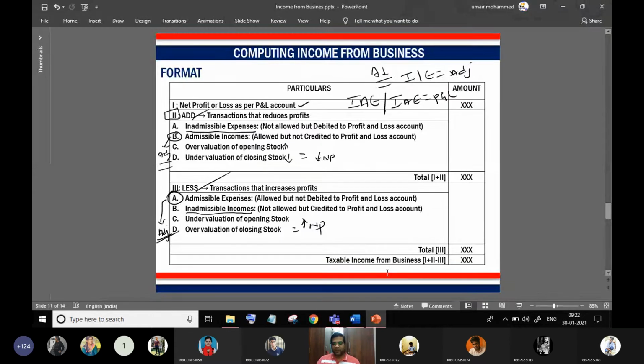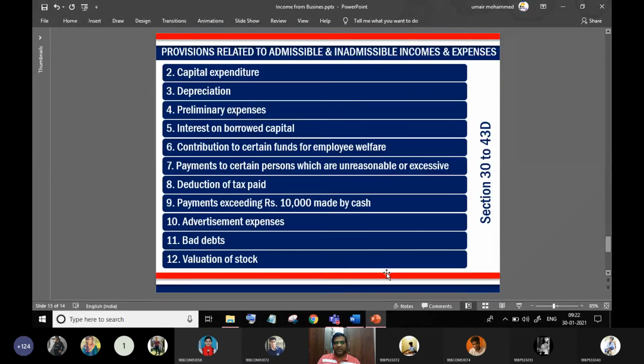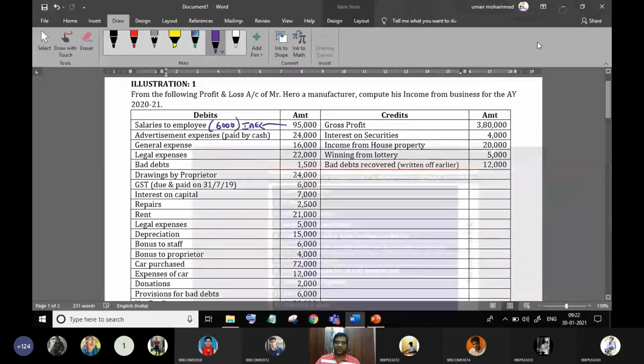But if you could recall one of the points we had discussed, that any expense which is paid by cash, and if the payment receipt exceeds 10,000, then such expense will become inadmissible. So what's wrong with this? There's nothing wrong in this. This is a business expense. The only issue is that this assessee has paid it by cash.